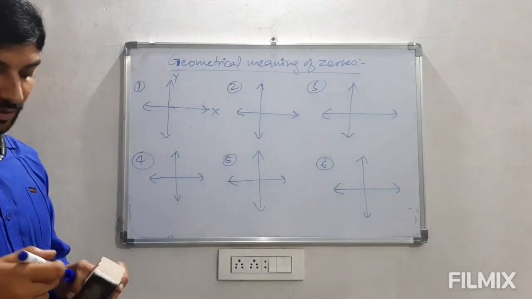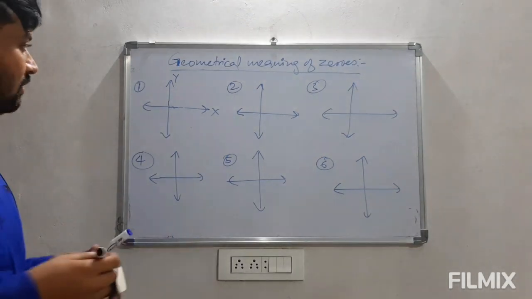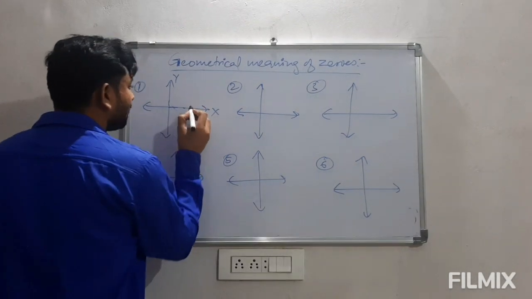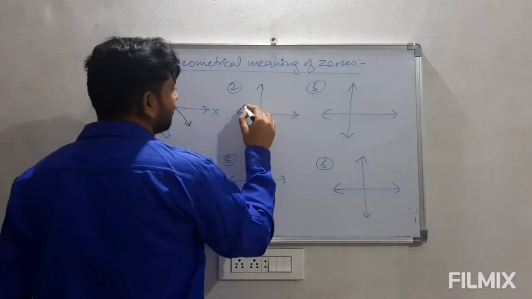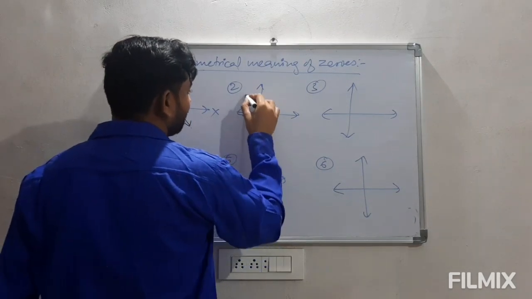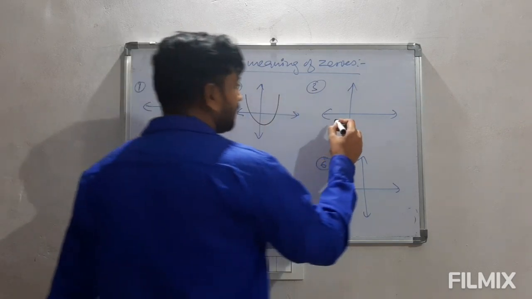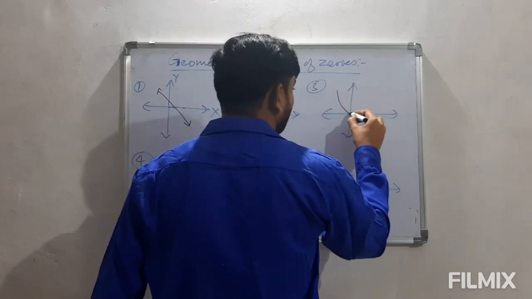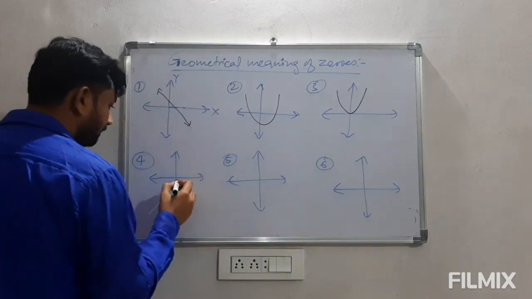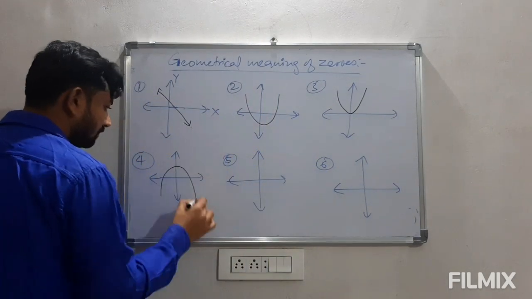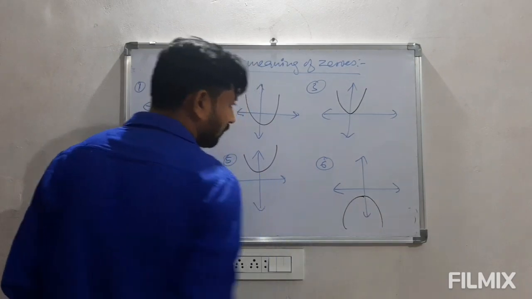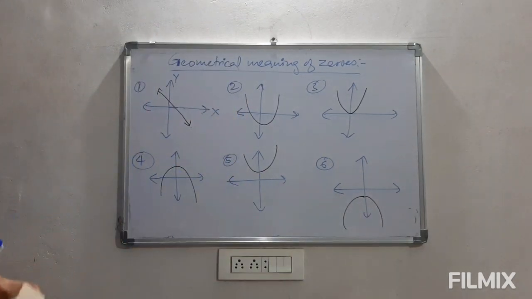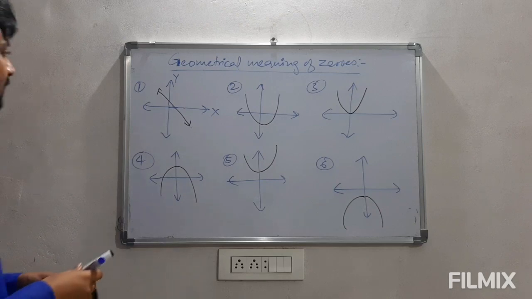Now let us use a different color for this. Suppose there is a line whose graph is something like this. There is another part where I am using this. So these are the 6 examples I am discussing here.